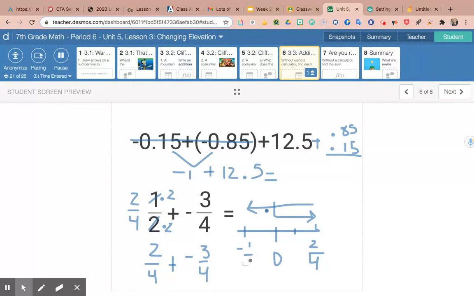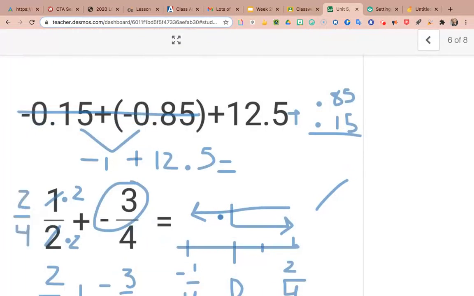You can also think of it as you have 2 and you owe 3. And so what you owe will be left on top, and then the denominator will stay the same. So if you need to rewatch that, go ahead and pause it and rewatch it. If you want to write a fraction as your answer, because this answer is a fraction, remember to use that slash key that looks like this on your keyboard.